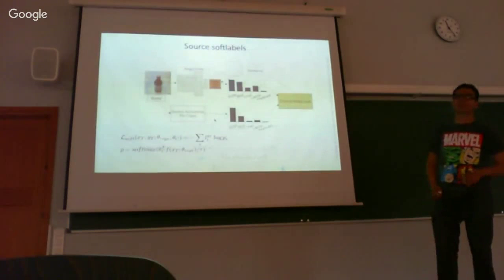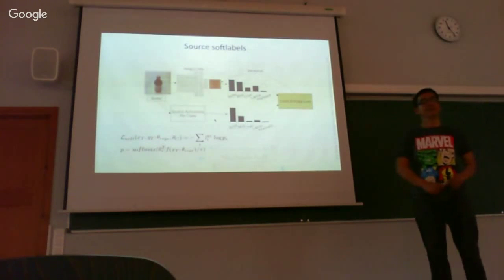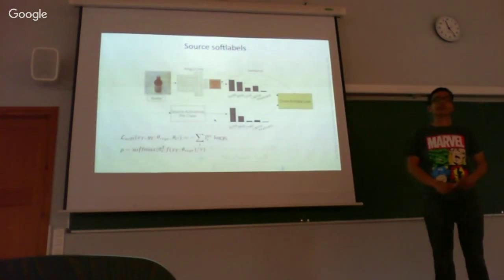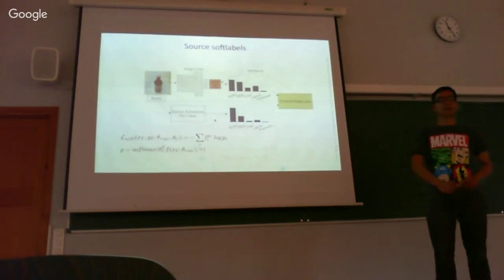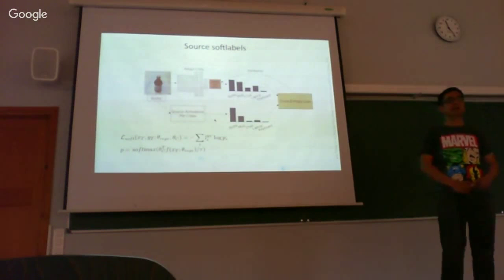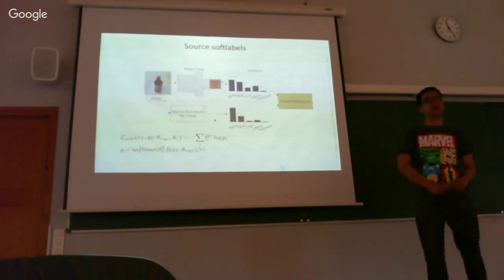So here you say that they are learning from the source the relation between different categories. So if it is a bottle, we learn that the probability for the keyboard should be small. Okay, so how do they use this in order to penalize on the target?